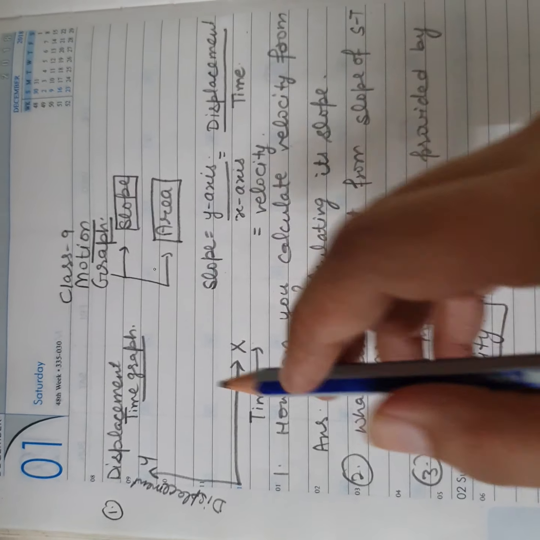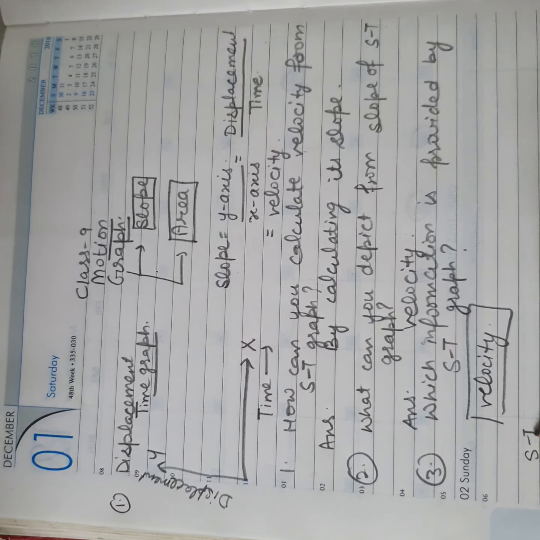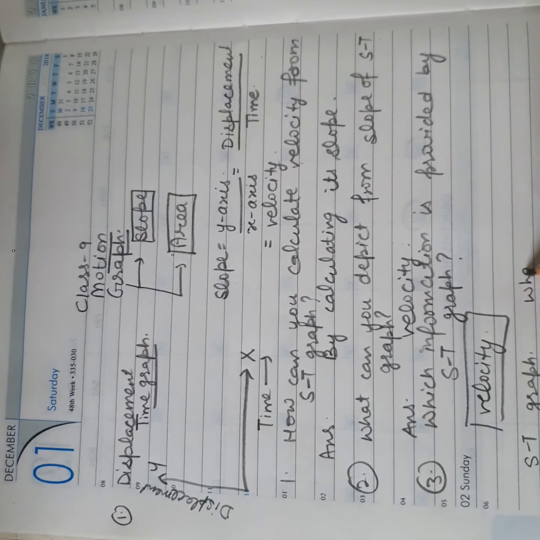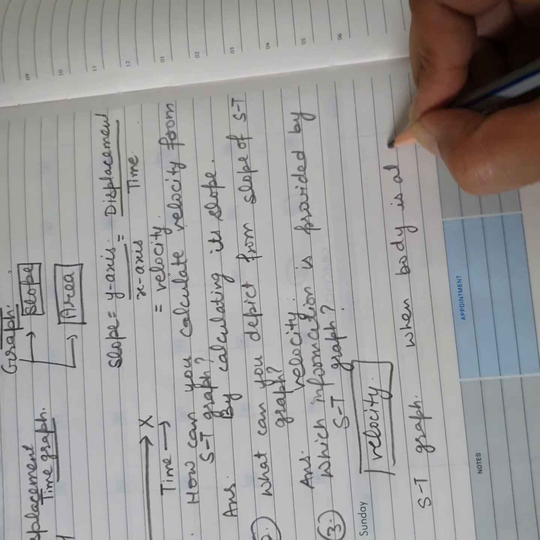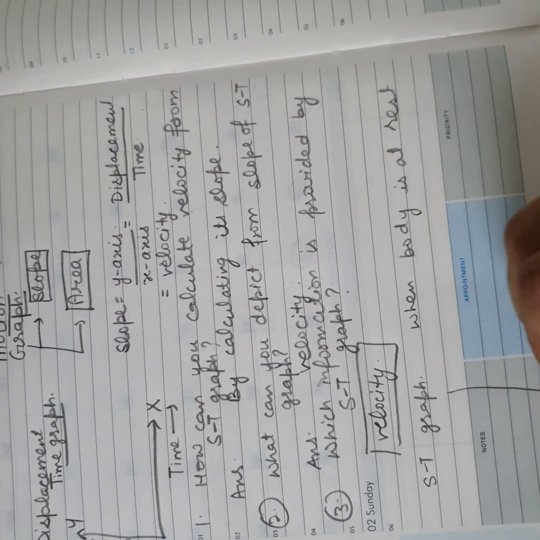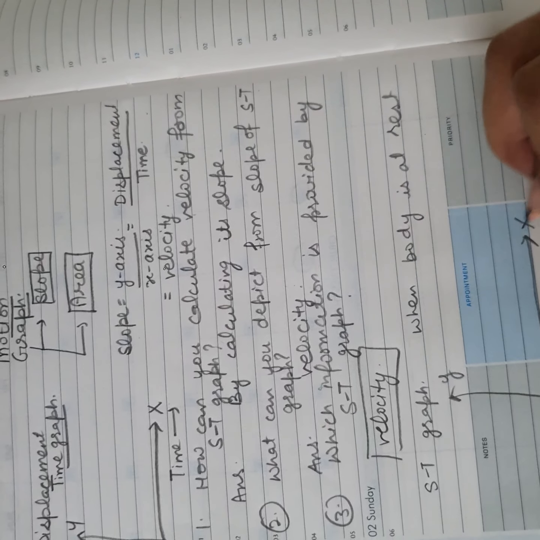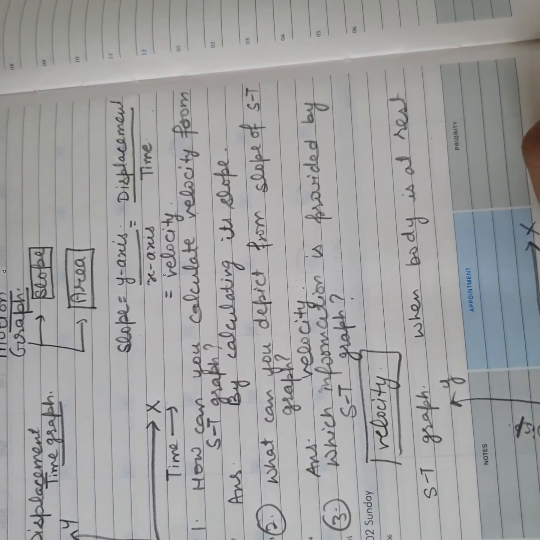Okay, now moving ahead to the types of displacement time graph. First, the displacement time graph when the body is at rest. This is your y-axis, this is your x-axis, this is your displacement, this is your time.